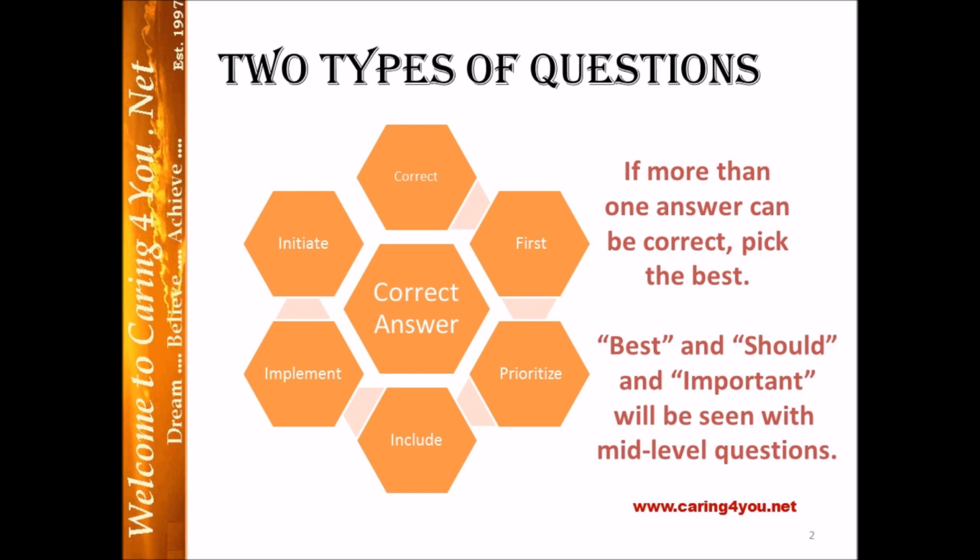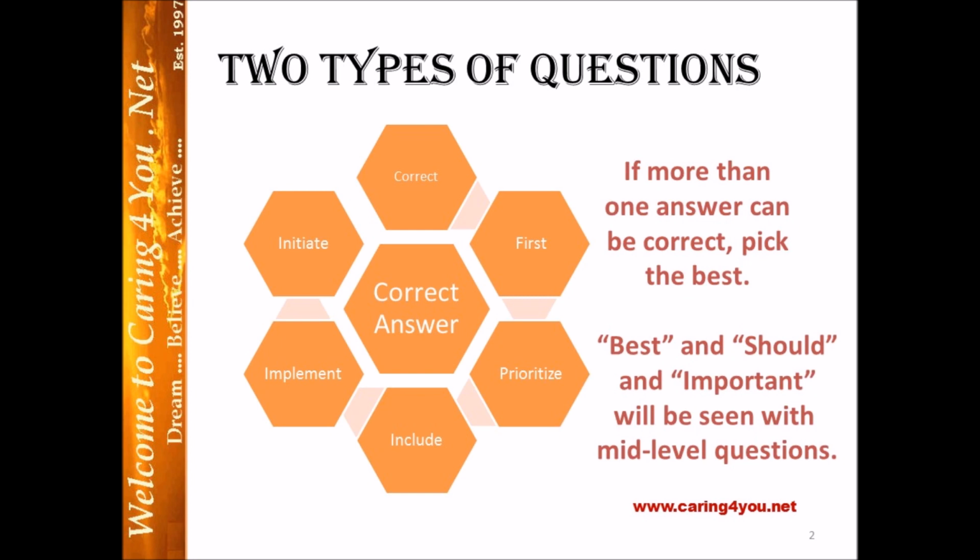Now, the NCLEX will ask a question. How do you know whether to pick a correct answer or an incorrect answer? Well, in order to pick a correct answer, the word correct will be in the question. The word first will be in the question. The word prioritize will be in the question.